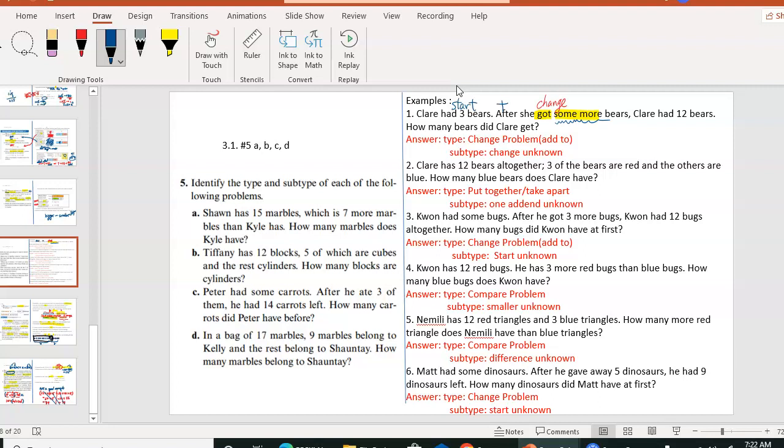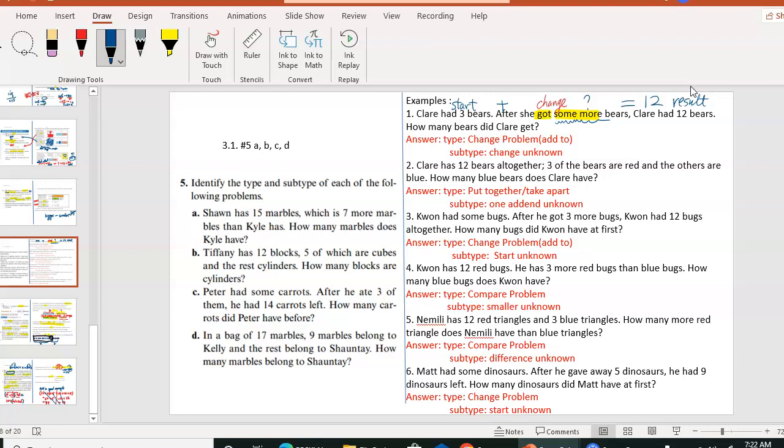Plus got some more, because got more is add to, so we use addition, and that is a question mark, equals 12. That is the result. So out of these 3, start, change, and result, we know how many she started with and how many she ended up with, but what we need to solve for is the change. So when you say the subtype, you would say it's a change unknown problem.